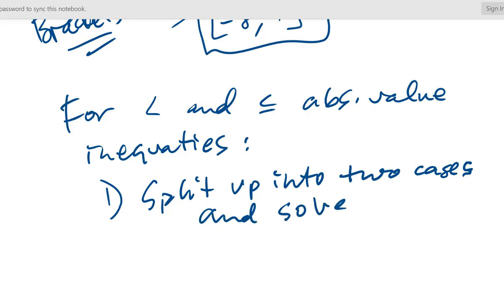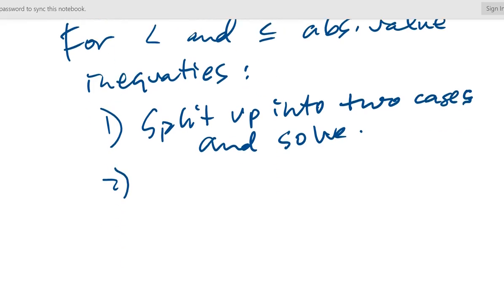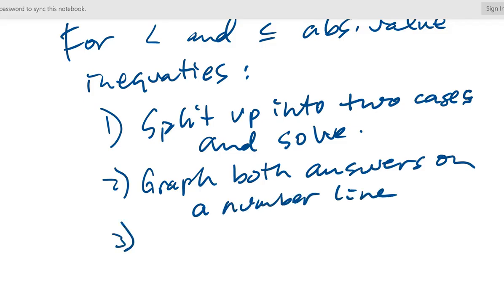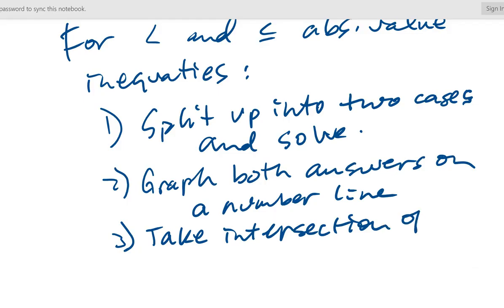The second thing you do is graph both answers on a number line. And then the third thing you do is take the intersection of the two. And that's it. That's how you solve it.